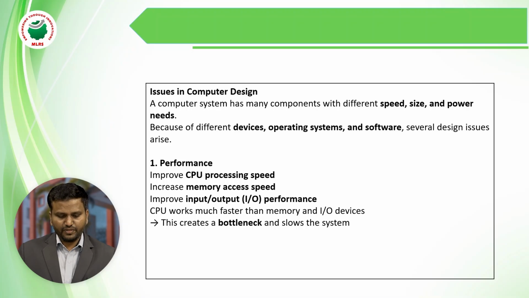For performance, we improve CPU processing speed, increase memory access speed, and improve input output performance. The CPU works much faster than memory and input output devices. This creates bottlenecks and slows the system.